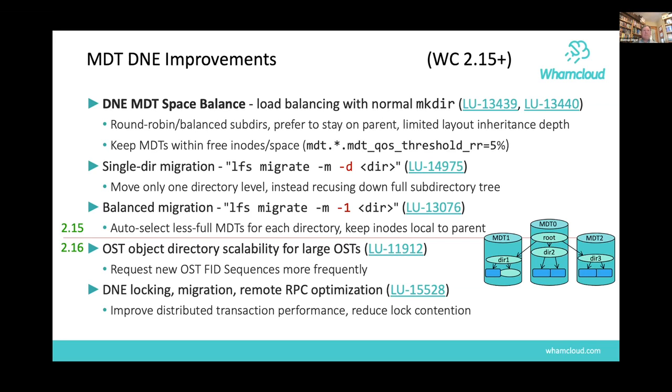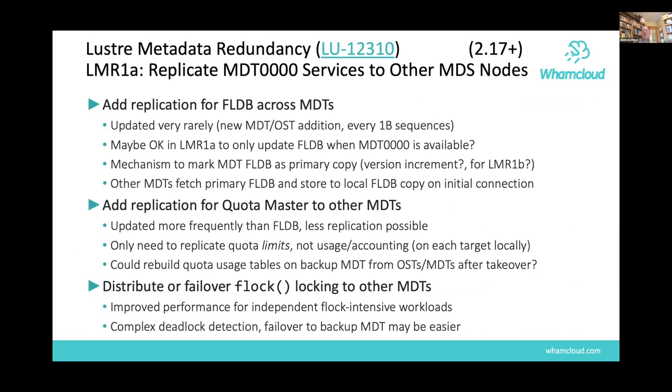And let's see what else. The new topic that I've started working on, getting some architecture and understanding what needs to be done here, is Lustre metadata redundancy. Since about 2.12, I think we've had file level redundancy, and that's working fairly well.